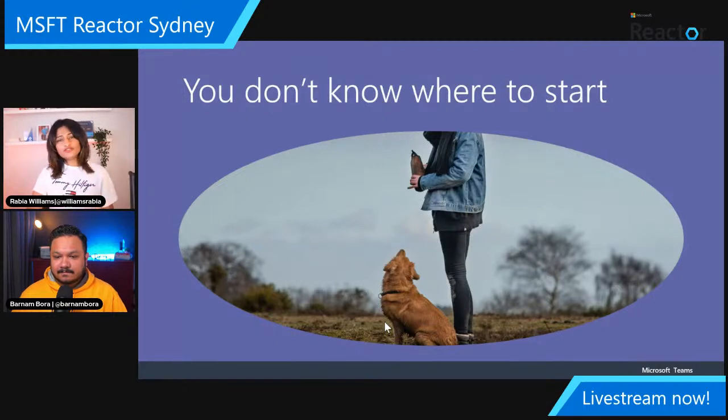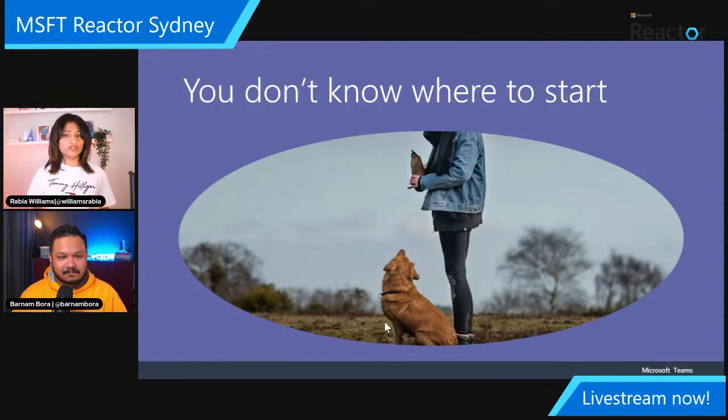So first things first, here's one tip: you need to understand what you're dealing with. You need to understand what Teams can offer, what you can do to extend Teams, and what capabilities you can develop around it as a developer. Same as in my case, I needed to understand the personality of the dog.